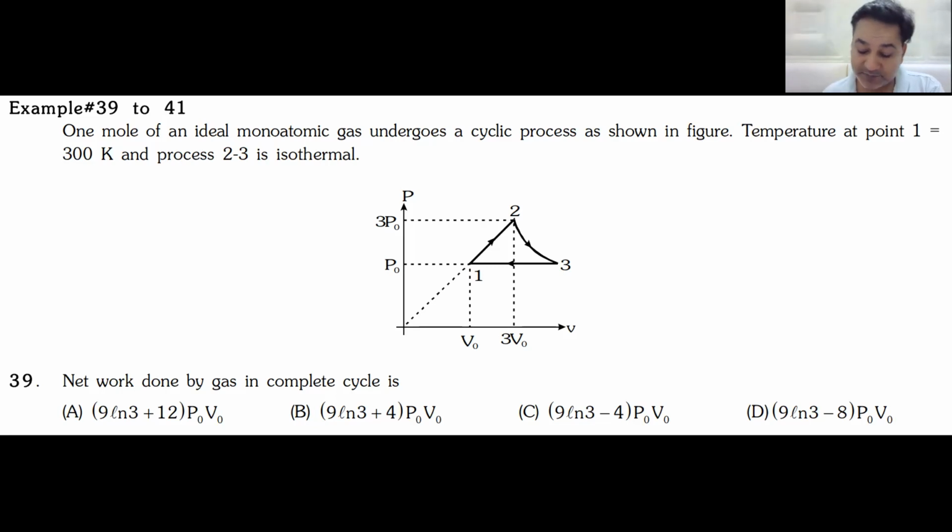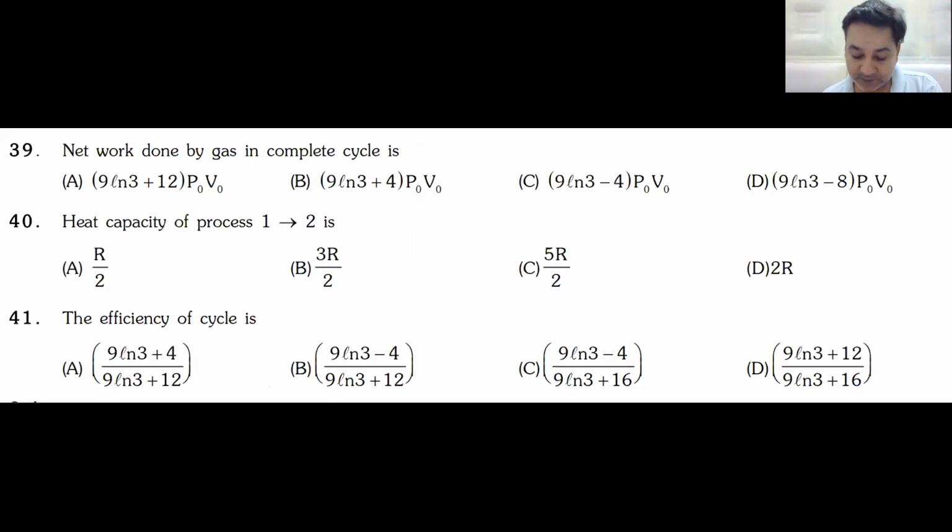What is the net work done by the gas in the complete cycle? That is the first one. You have the sheet with you. Then you have a couple more, 40 and 41: the heat capacity for the process 1 to 2 and the efficiency of the cycle. I'll give you 2 minutes to deal with this.